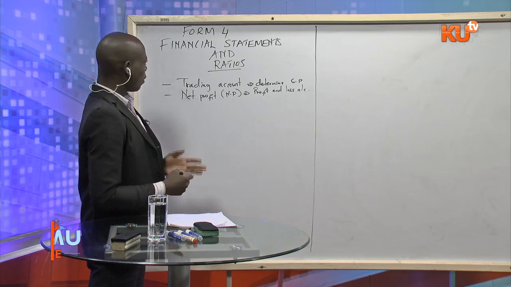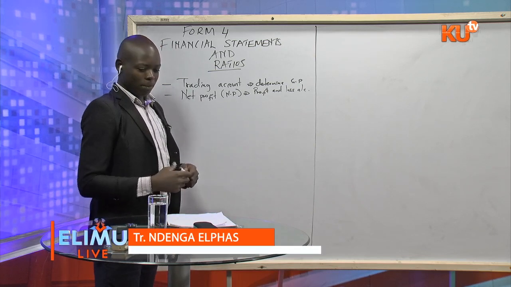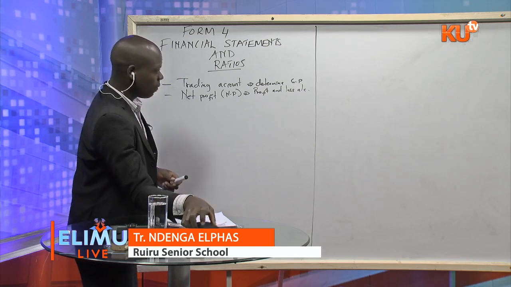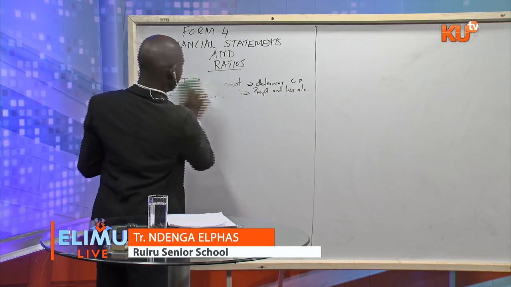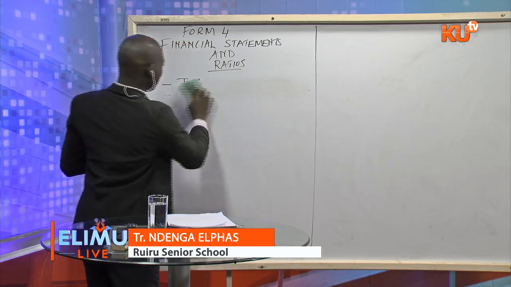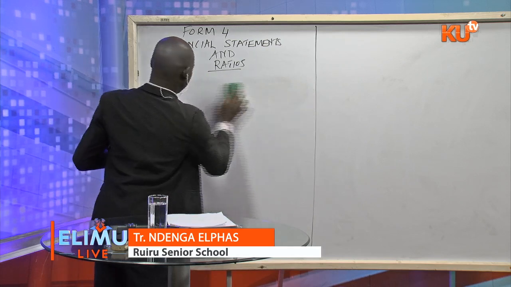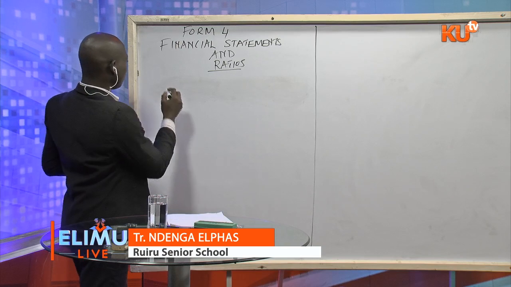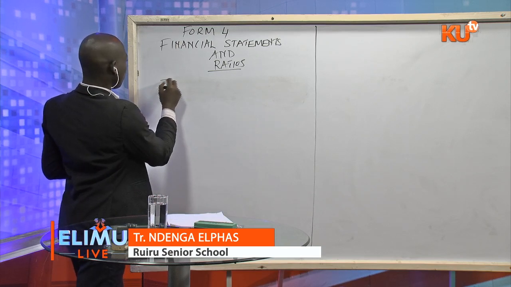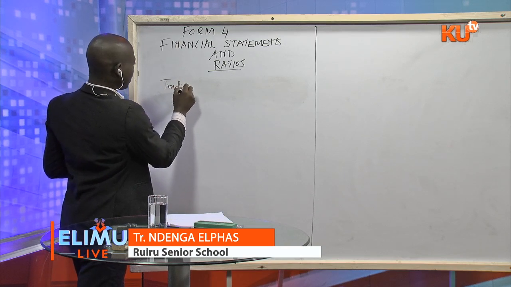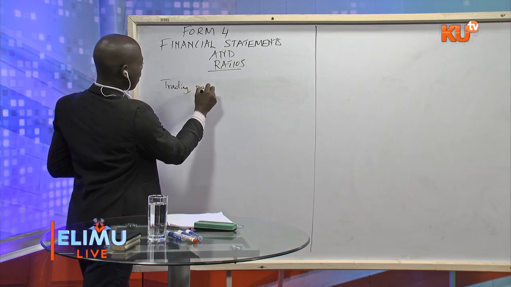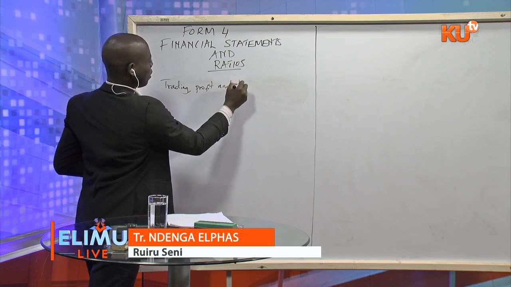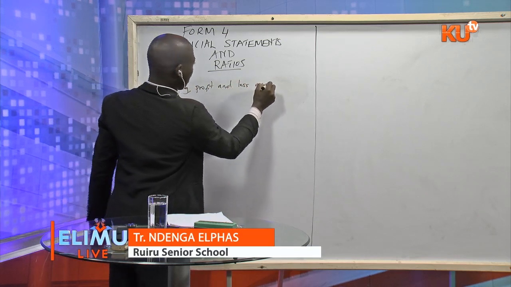Today we want to finish up on financial statements by preparing one of the very important statements, which is mostly tested in Business Studies Paper 2. So in our lesson today, we want to concentrate on the trading profit and loss account.